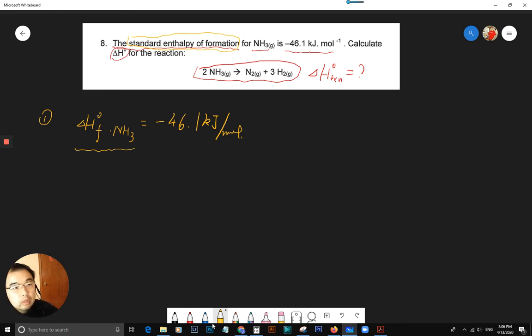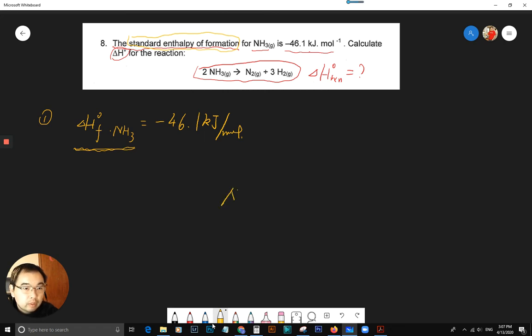Last time we talked about how the enthalpy of formation has an equation associated with it, and this is a specific equation to form ammonia. So remember to write the correct equation for the enthalpy of formation of ammonia.